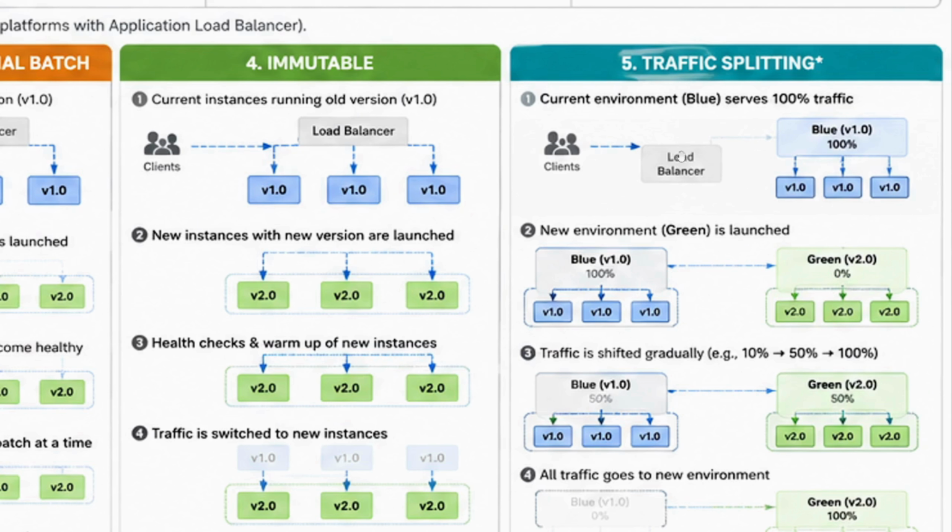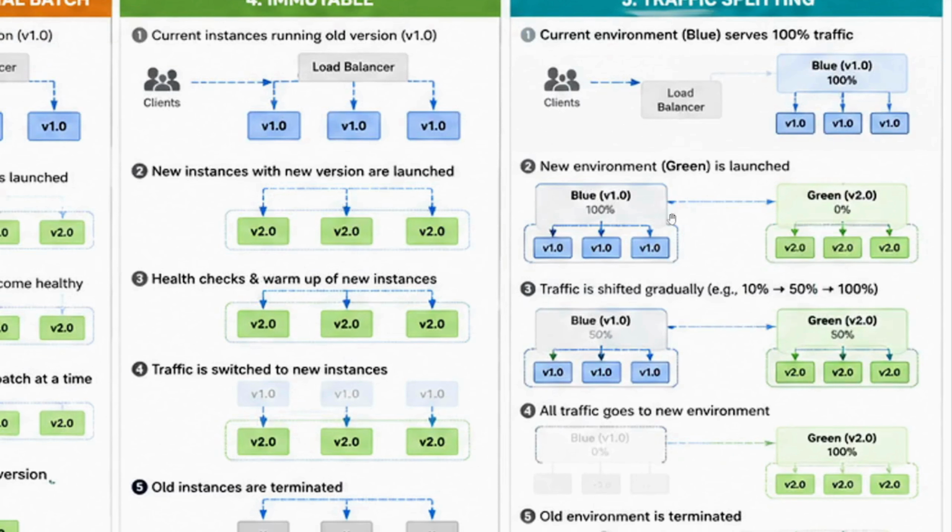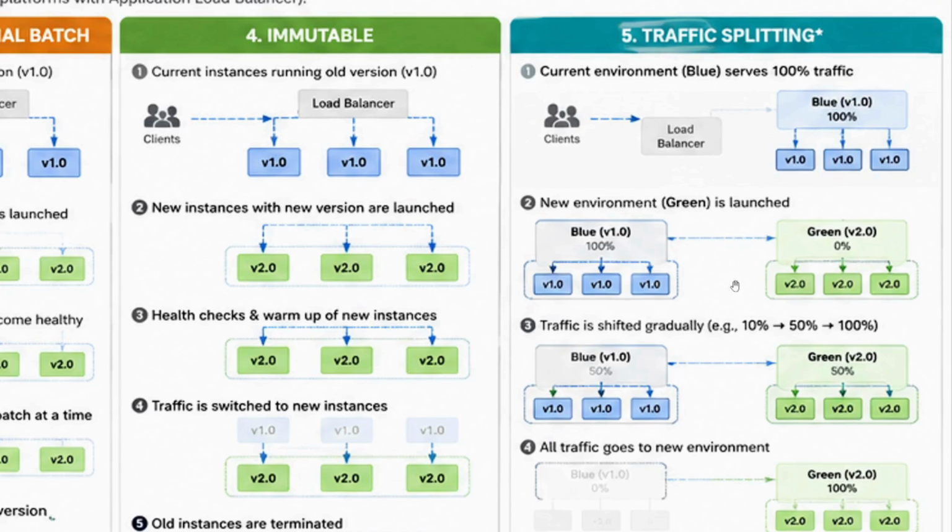Then you have traffic splitting, which is like a blue green environment. My load balancer is currently pointing to the blue environment. Now a new environment, green, is launched. This is quite similar to immutable, where the whole environment is created again with version 2.0.